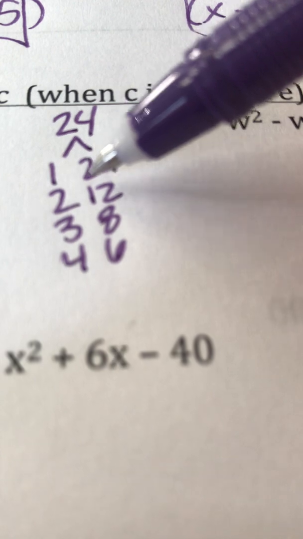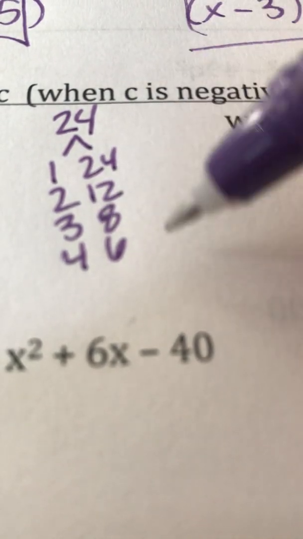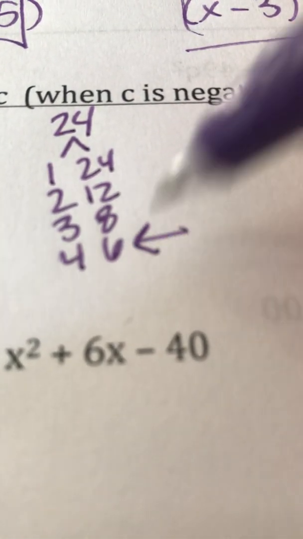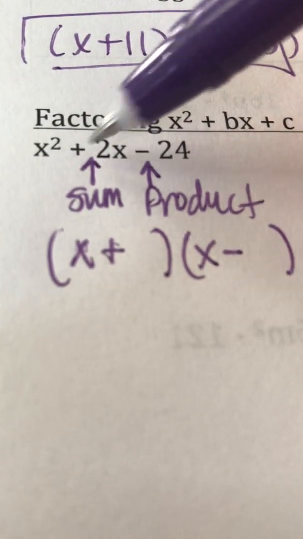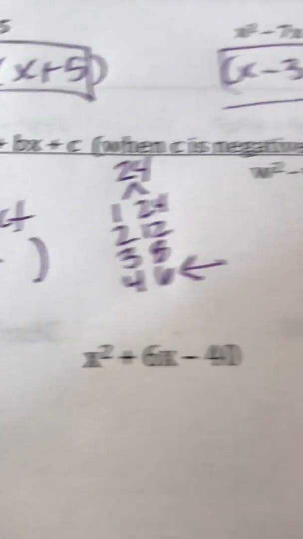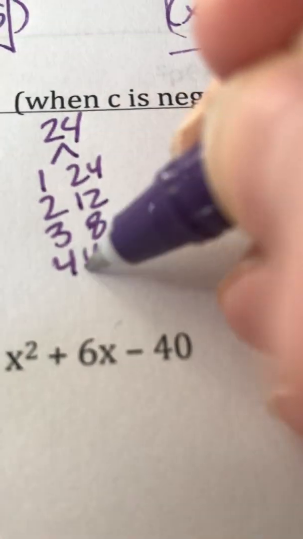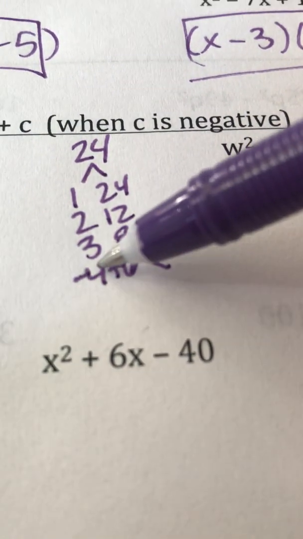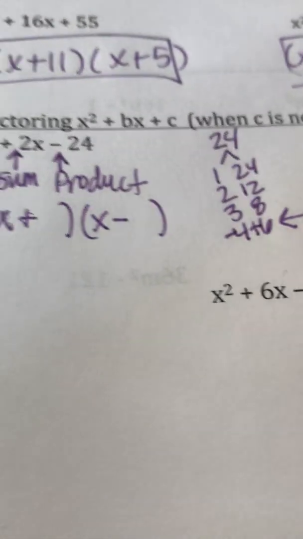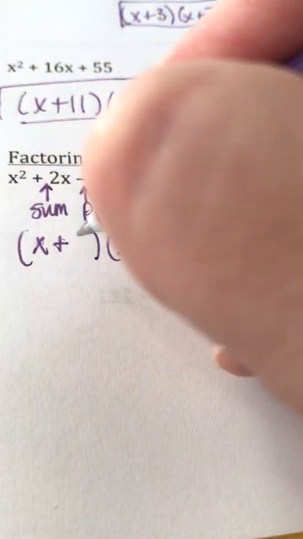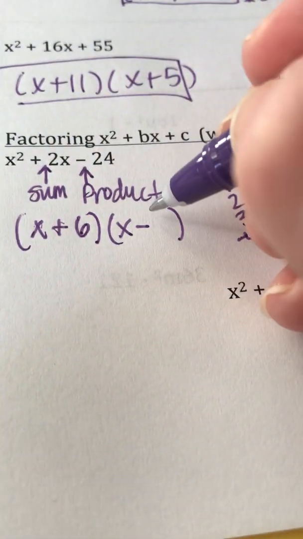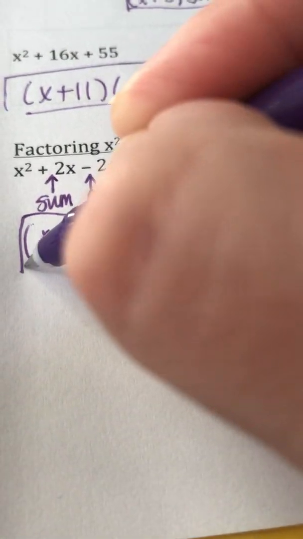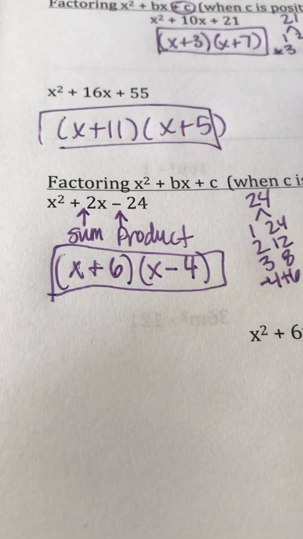Looking through these, I see that this pair right here has a difference of 2. I want my sum to be a positive 2. So that means that my 6 is going to be positive and my 4 will be negative. Because if we have minus 4 plus 6, that leaves me with a positive 2. So I have a positive 6 here and a negative 4. Okay? Does that make sense?